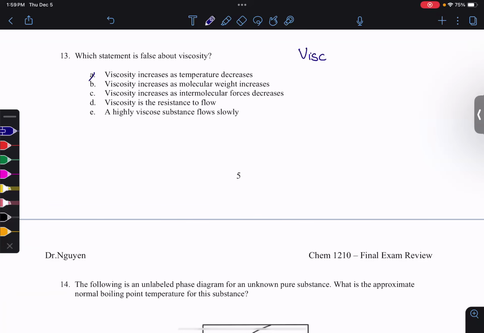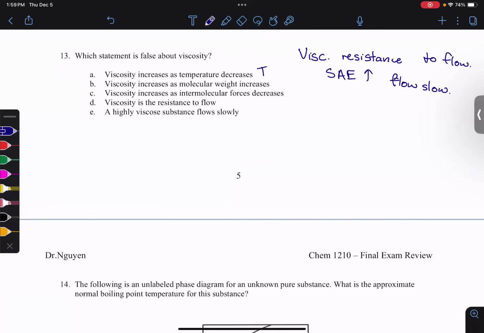So the definition, viscosity, yes, resistance to flow. All right. I have to remember my oil weights. So things with high viscosities, we typically use like SAE ratings. So high viscosity means flows slow. Yes. So A is correct.